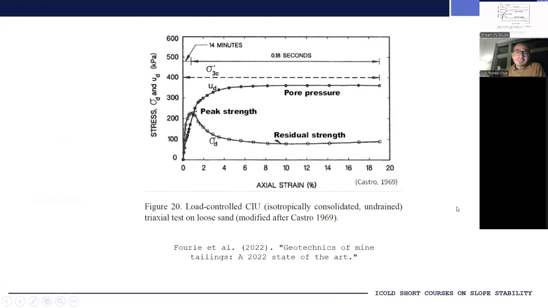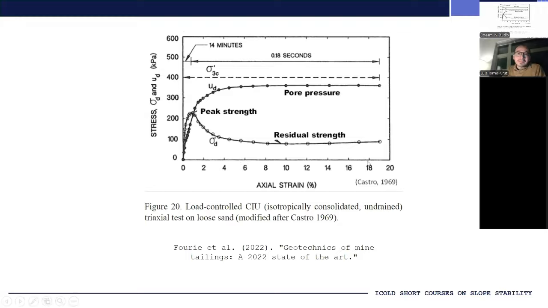Now, generally in the lab, we run these triaxial tests in what is known as a strain control test or deformation control test, in which we are controlling the rate at which the specimen deforms. And that allows us to control whether that loading is quick or slow enough to prevent the development of excess pore water pressure.